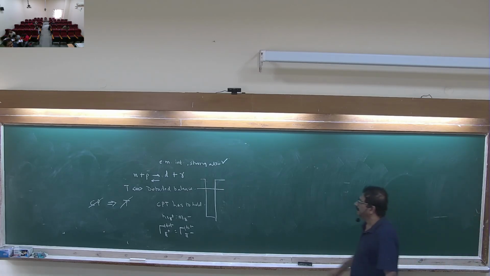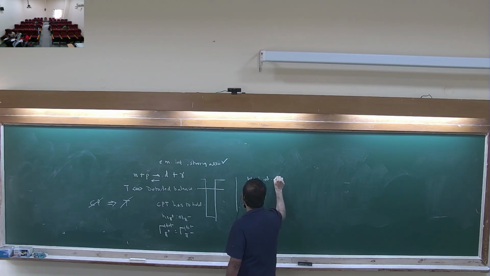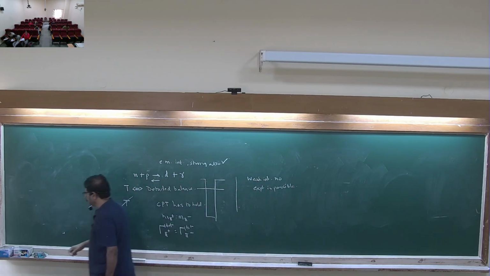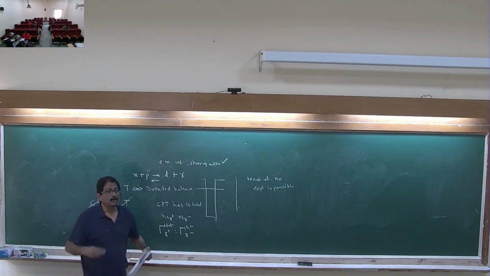We can't really do this with weak interactions. Weak interactions, we cannot do any real experiments. No experiment is possible. Why? Because with weak interactions, one may have to use quarks. Okay.